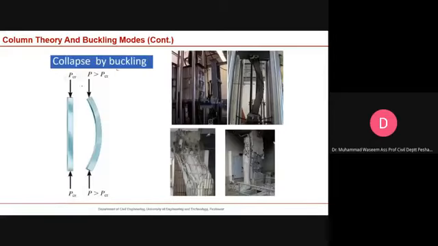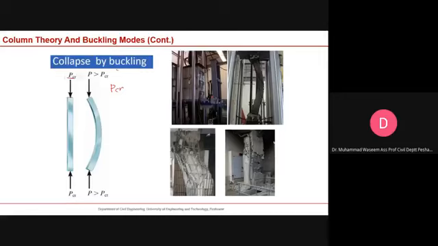As I discussed, the load which causes failure of a cylinder member is called the critical load. You can see that the critical load is the load at which or beyond which buckling occurs in the member. You can see there is a steel member, so if you keep on increasing the axial load, it fails in stability.